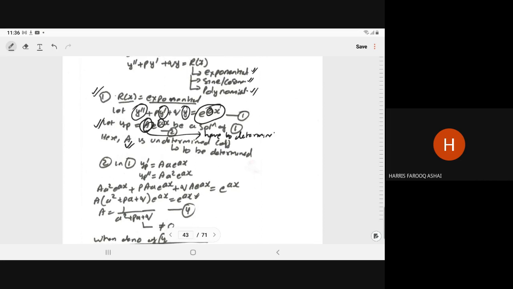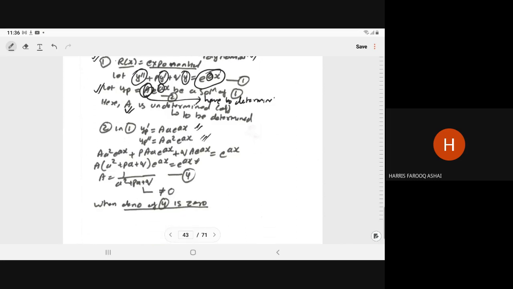From the yp, whatever particular solution you have assumed, yp = A e^(ax), if you compute yp' and yp'', they will come as capital A into small a e^(ax), and capital A into a squared e^(ax) respectively.